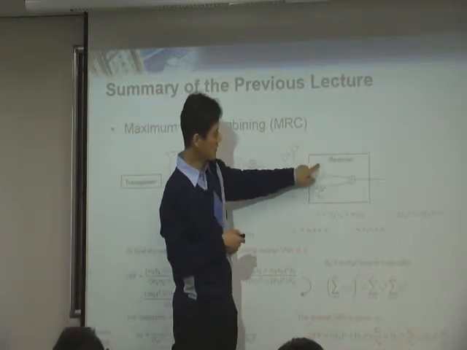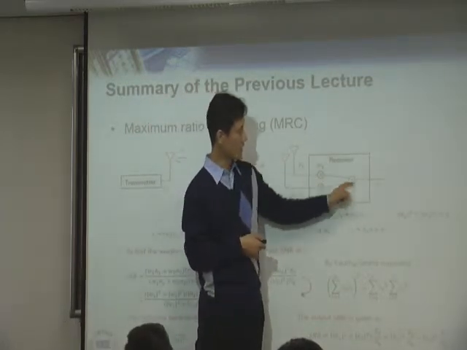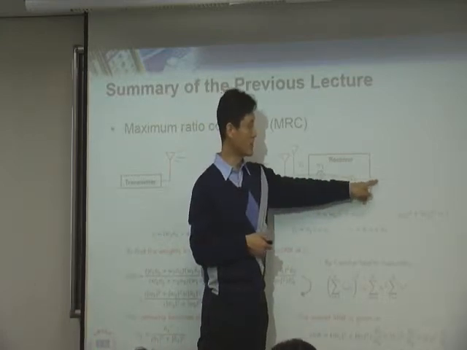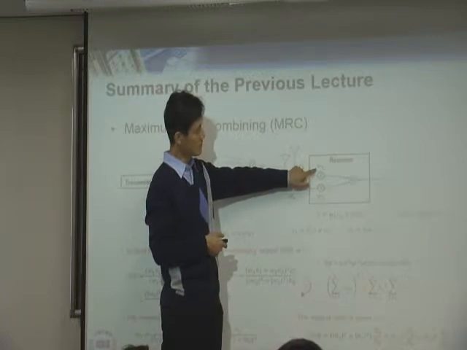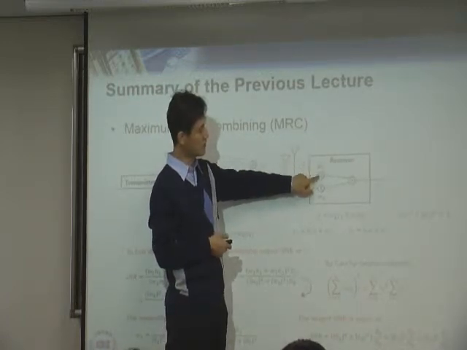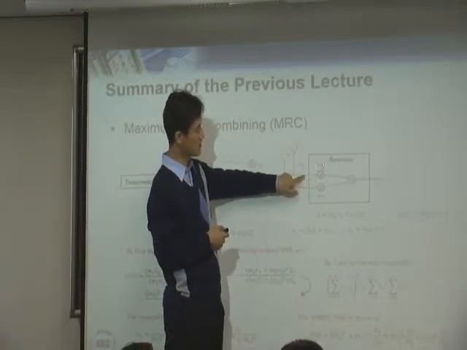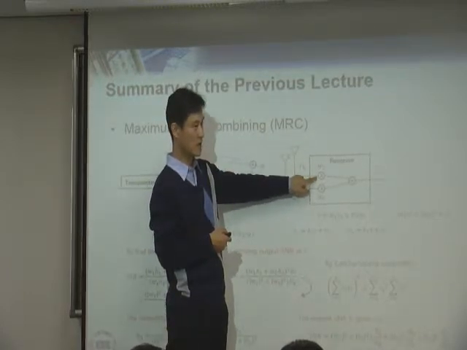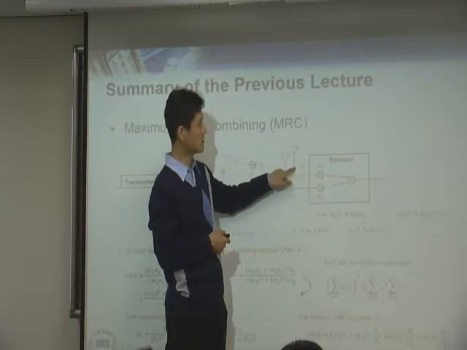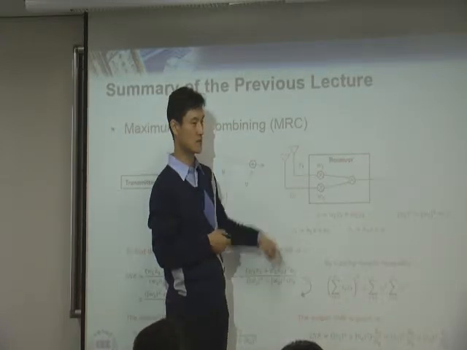But when you multiply a certain gain and add them, we want to maximize the SNR here. Now, one question: when you multiply some gain onto this signal, what happens to the SNR for the first antenna signal?